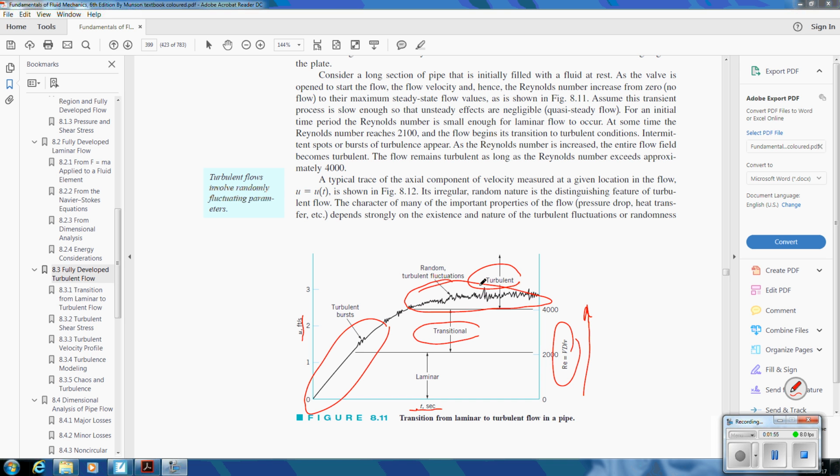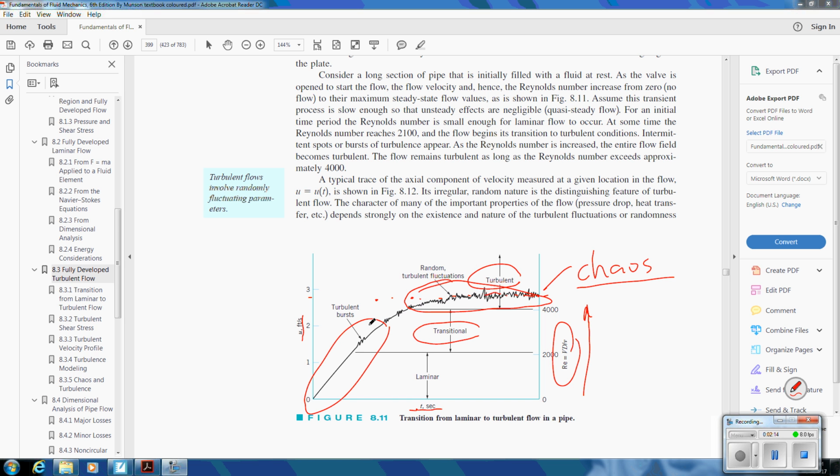And when we look at this axial velocity, we can see that the characteristic of turbulent flow is the chaos of this flow, right?